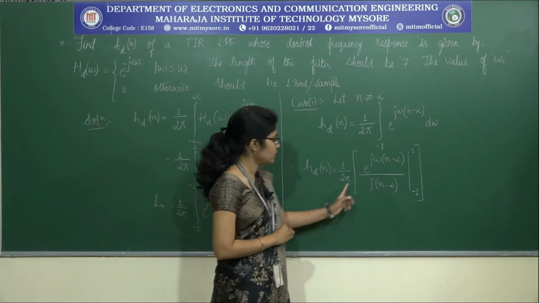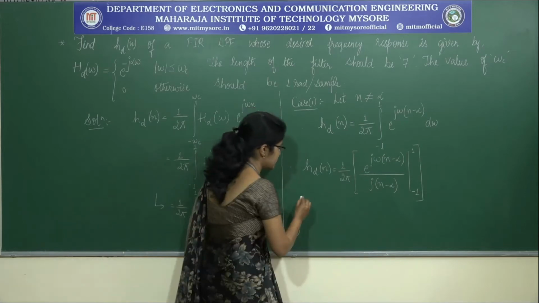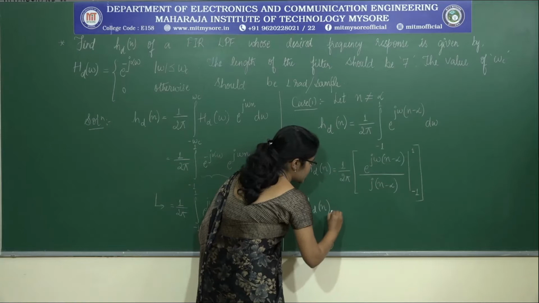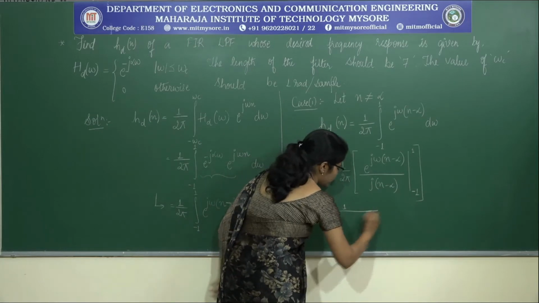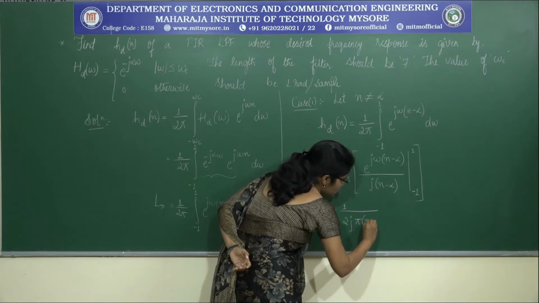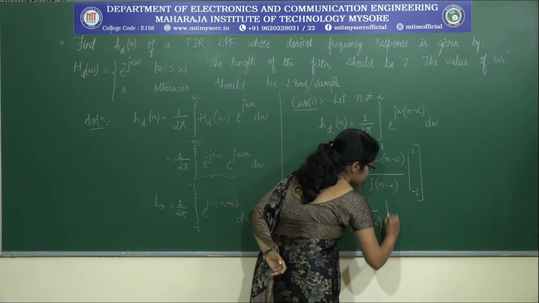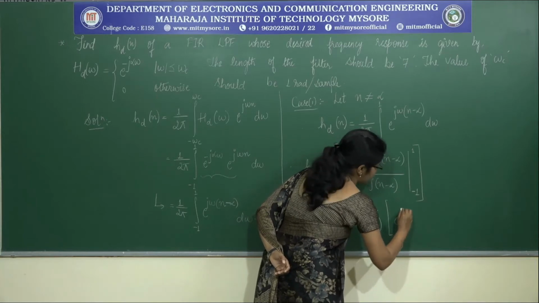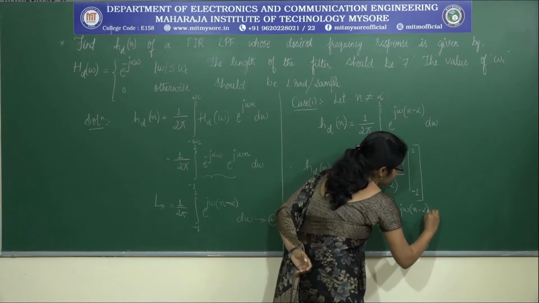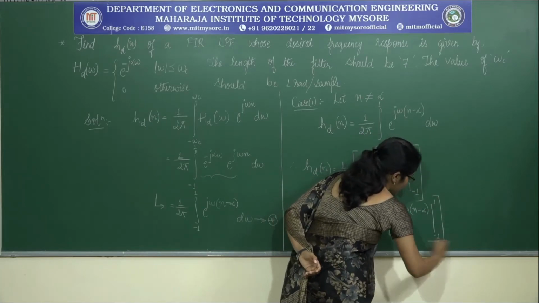This entire term is a constant, so I can move it outside. Therefore, hd of n is equal to 1 divided by 2j pi into n minus alpha, and the rest as it is, e power j omega n minus alpha under the limits minus 1 to plus 1.